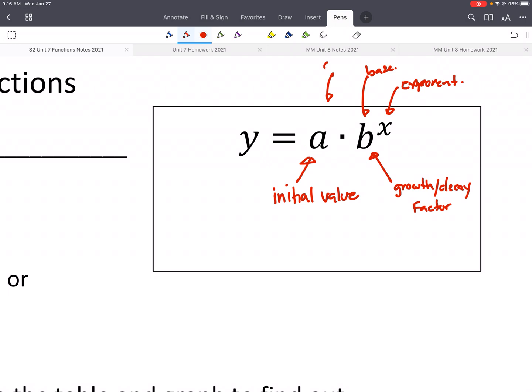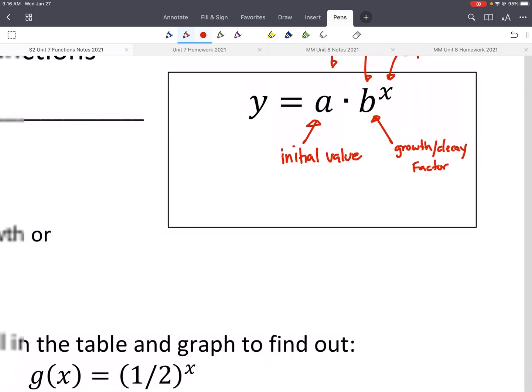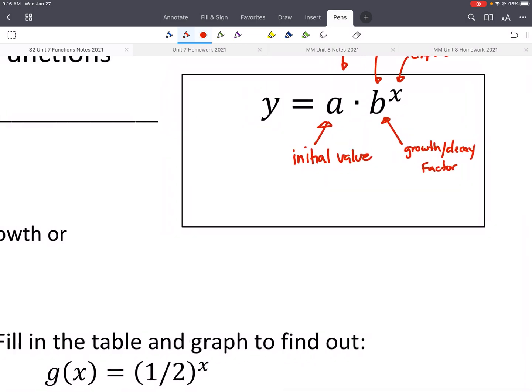This is called your coefficient. And when we talk specifically with exponential functions, a is our initial value, and b is our growth or decay factor. All right, so we may want to say, well, when are we going to have growth and when are we going to have decay?